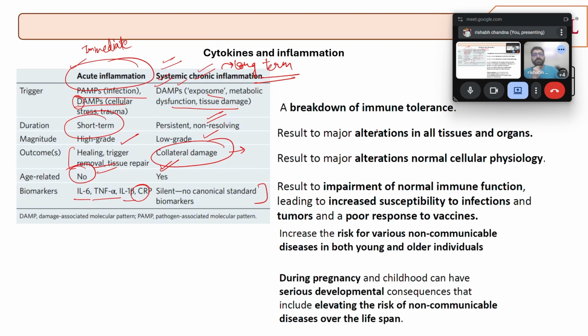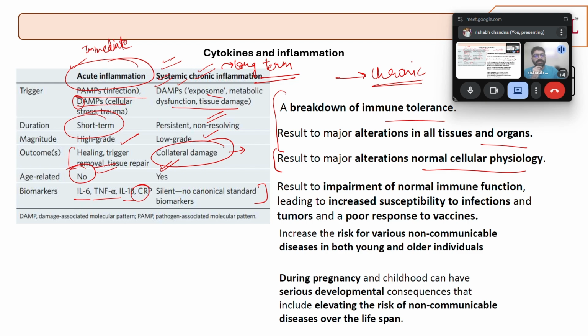Then what happens when inflammation turns towards chronic inflammation? These are the major factors that take place: a breakdown of immune tolerance, and major alteration in all tissues and organs, resulting in alteration of normal cellular physiology. These are the major hallmarks of chronic inflammation.